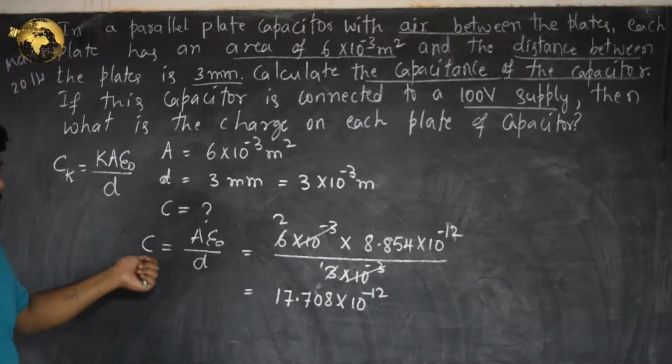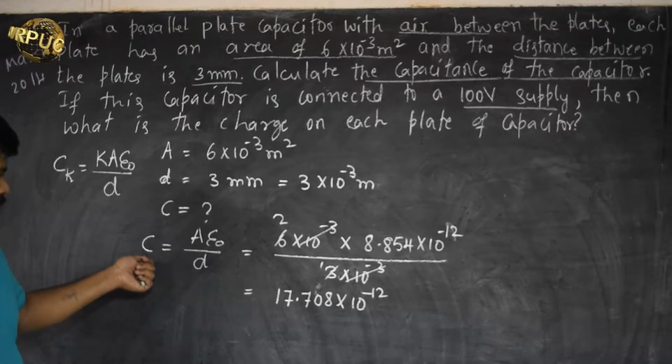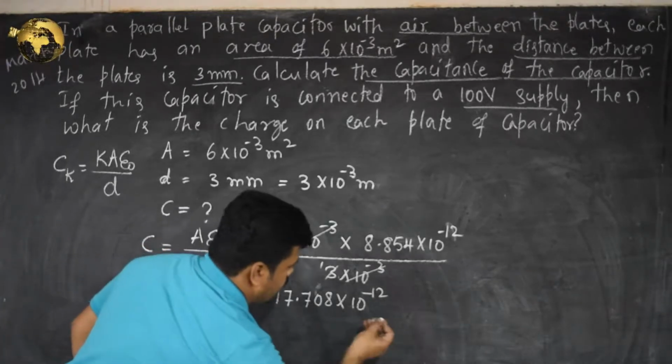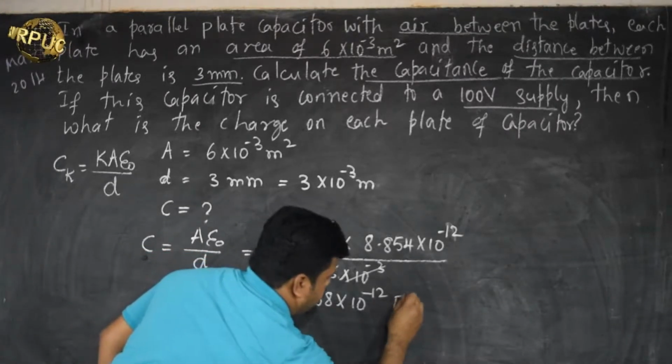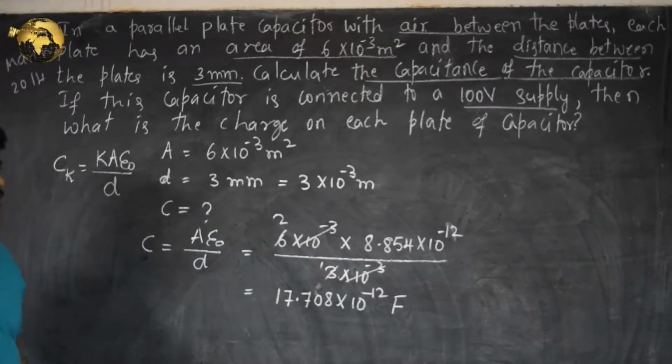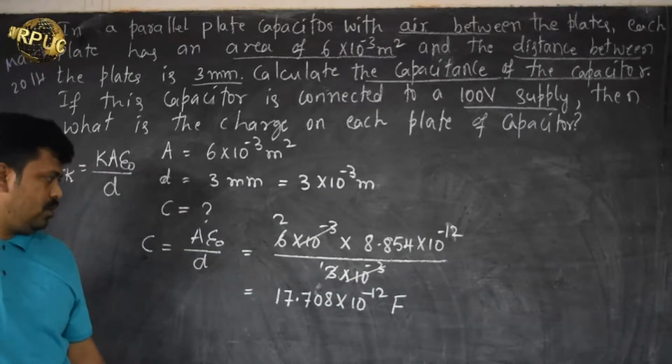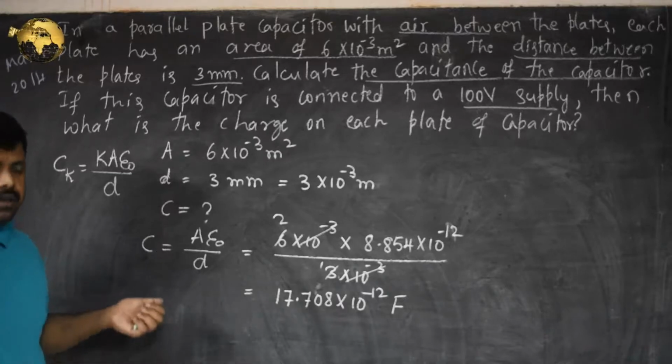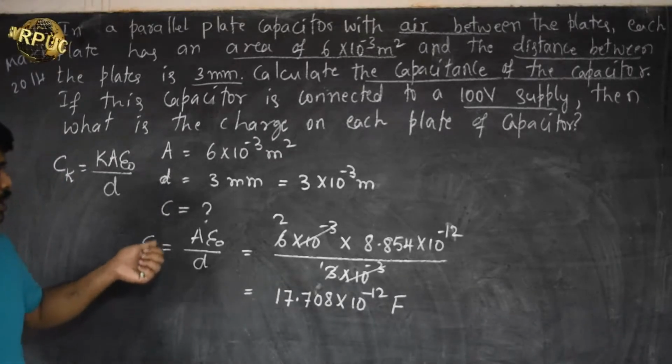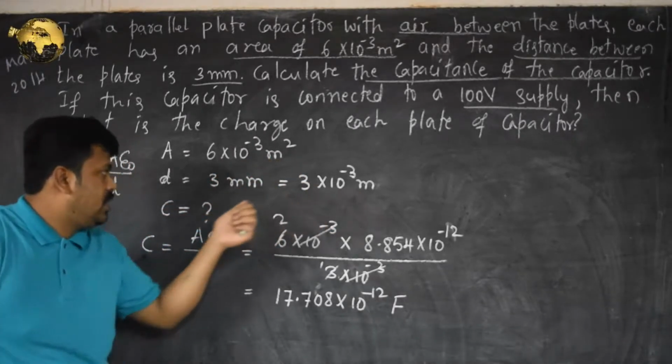The SI unit of capacitance is farad. If you cannot remember the SI unit of farad, they will be giving the units at the end of the quantity.